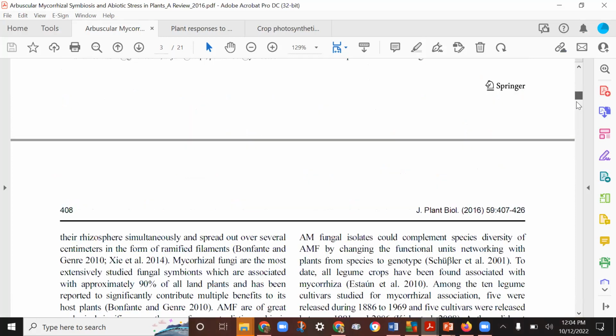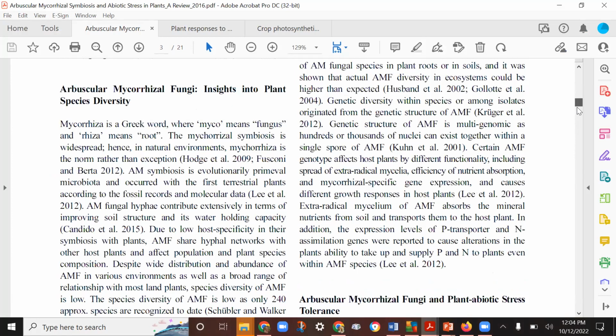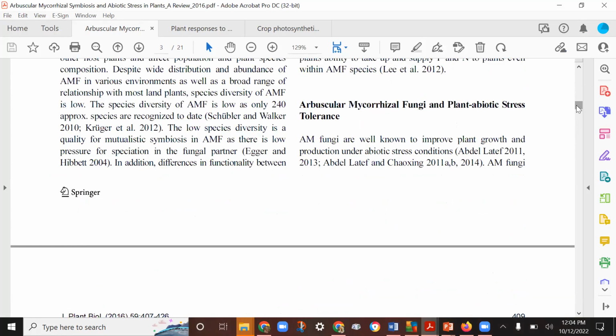So there's your introduction, which is actually quite short, and then they get into the different topics. You're not expected to talk about everything they talk about in each section. For this assignment, that's not what we're asking.